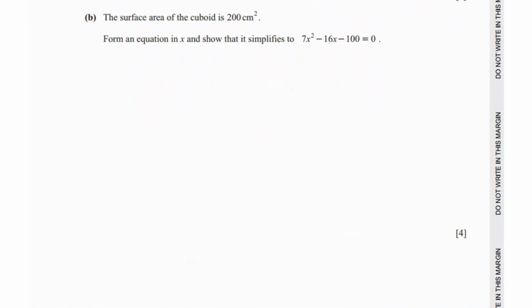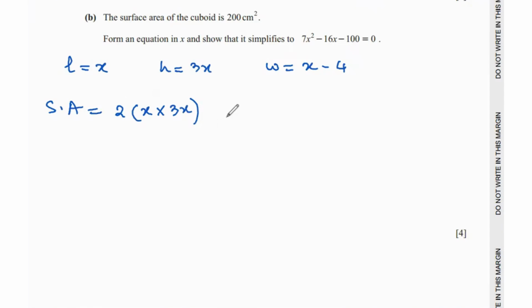So length was x, height was 3x, and width was x minus 4. Surface area is the area of all of the faces being added together. That's how you find the surface area of a 3D shape. So 2 times x times 3x, because there are two faces with the dimensions x times 3x.